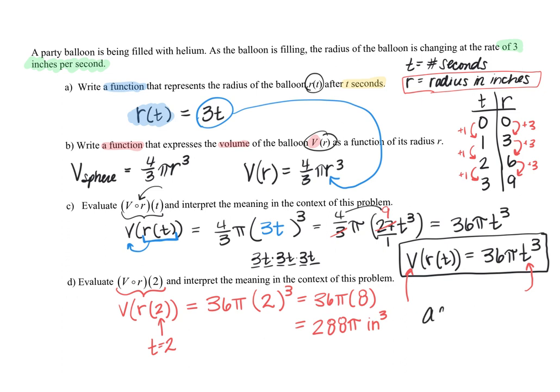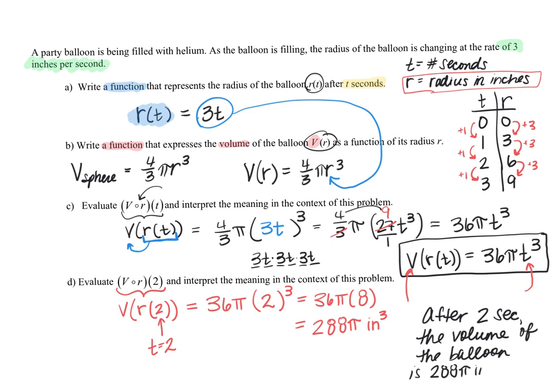This is basically telling us that after 2 seconds, the volume of the balloon, and it really is the approximate volume, since we said the balloon wouldn't be an exact sphere, after 2 seconds, the volume of the balloon is 288 pi cubic inches.